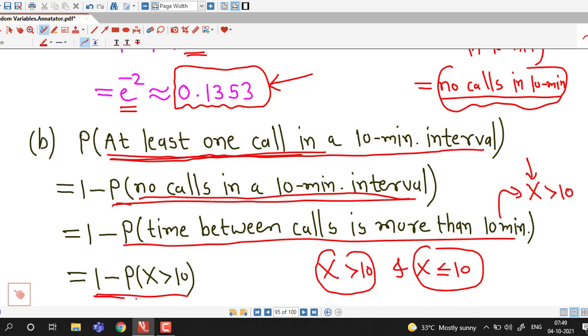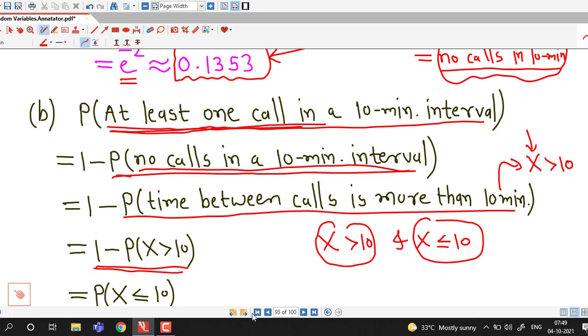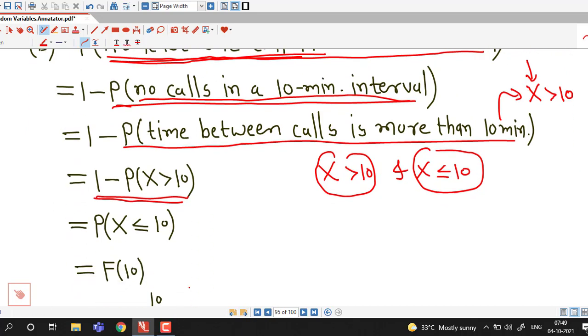So this probability can be written as probability that x is less than or equal to 10. And now this is nothing but value of CDF at x equal to 10. CDF is 1 minus e raised to minus x by 15 if x is non-negative.